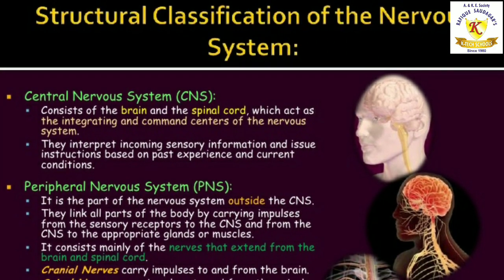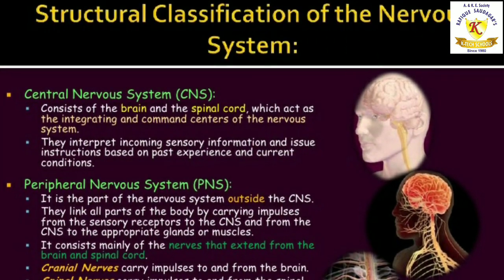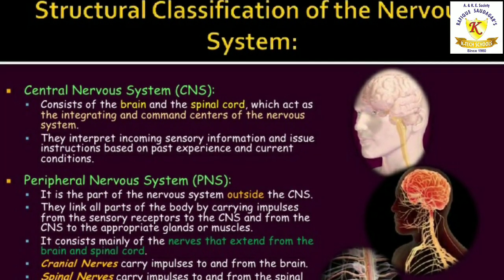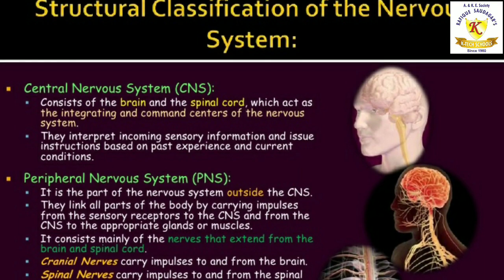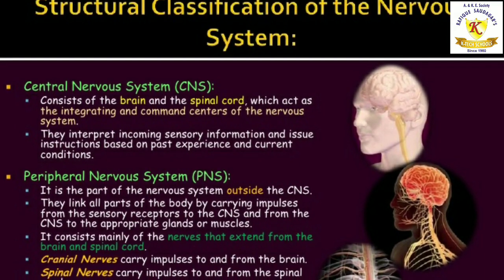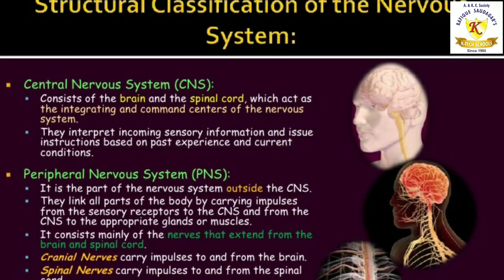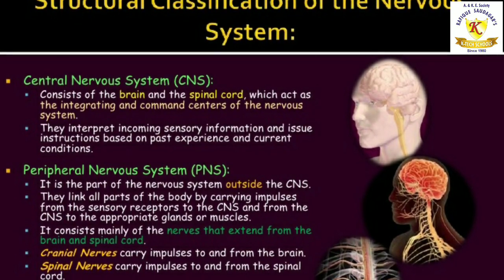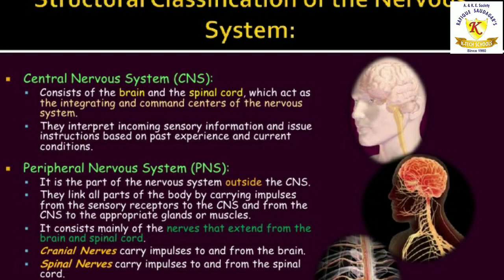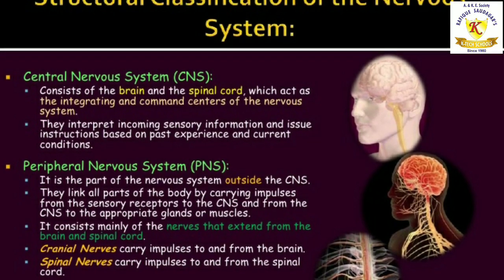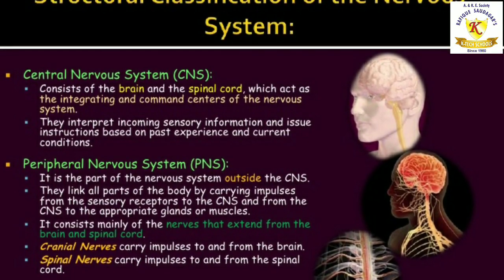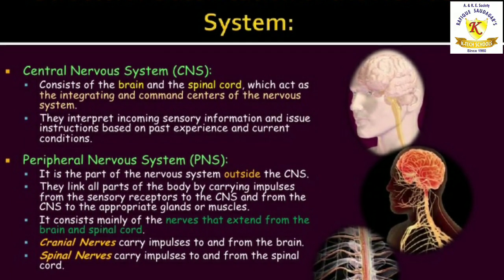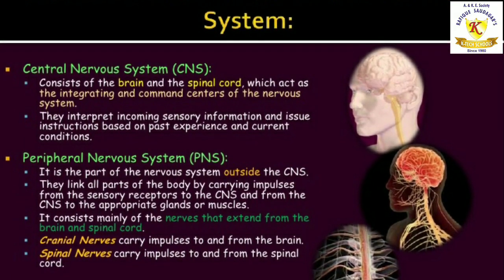Structural classification of nervous system. The central nervous system or CNS consists of the brain and the spinal cord, which acts as the integrating and command center of the nervous system. They interpret incoming sensory information and issue instructions based on past experience and current condition.